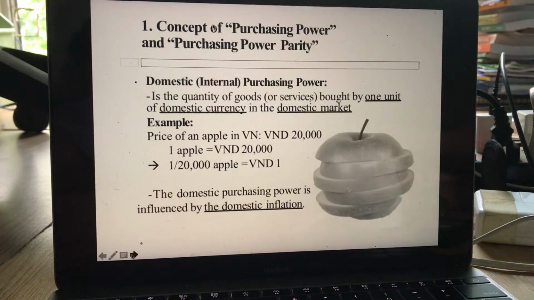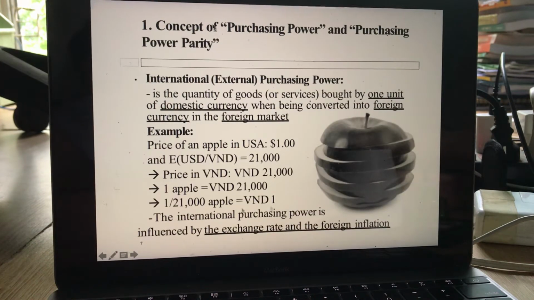And what are the determinants of the domestic purchasing power? The domestic purchasing power depends on the domestic inflation. Meanwhile, the external purchasing power depends on the exchange rate and the foreign inflation.